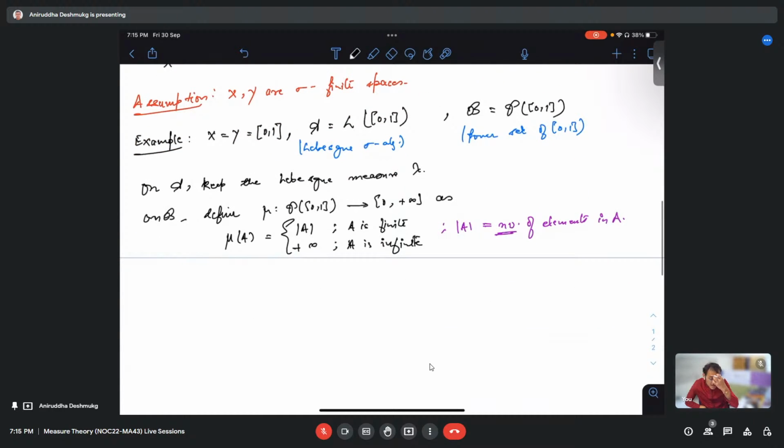All right. So the first question is, we know that this A is sigma finite. That means if you look at [0, 1] with the Lebesgue measurable sets and with the Lebesgue measure, this is a finite measure space, therefore a sigma finite measure space.